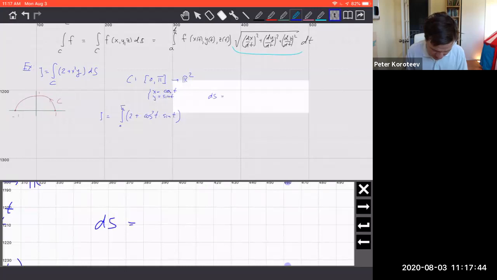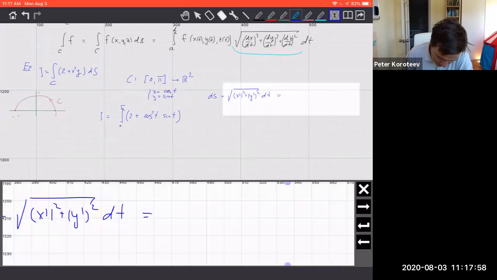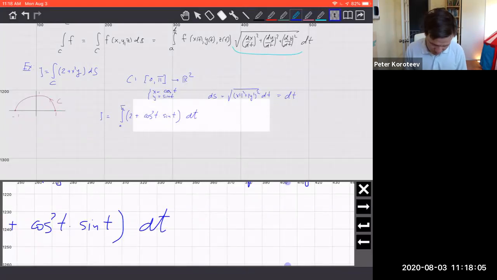The distance element will be the square root of x prime squared plus y prime squared dt. And of course, we know that it's equal to 1, because it's cosine squared plus sine squared. Therefore, there will be no additional square root factor.